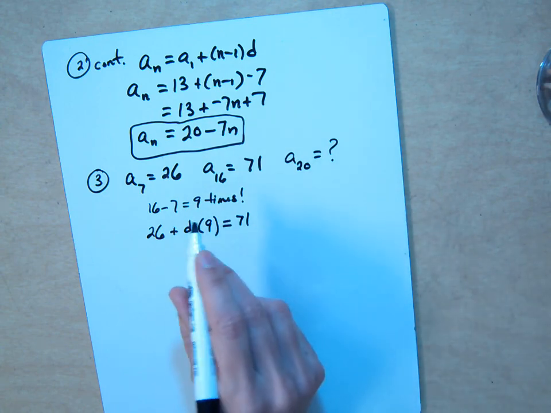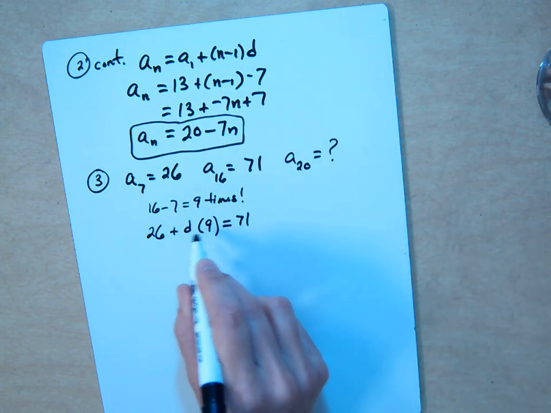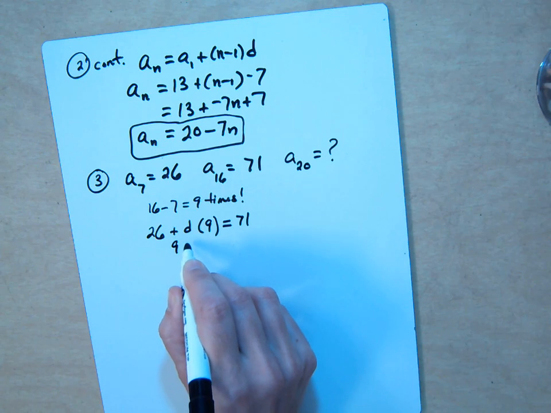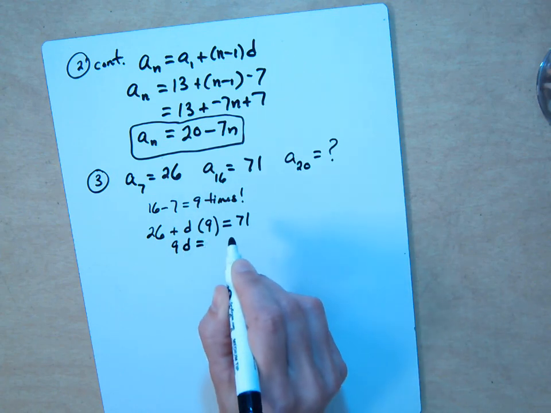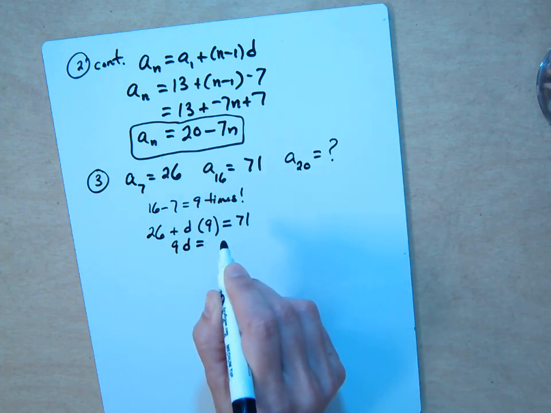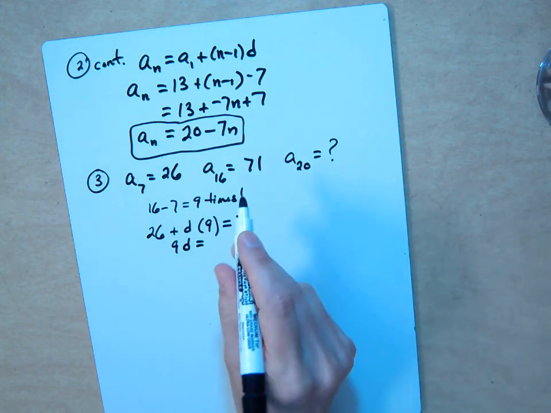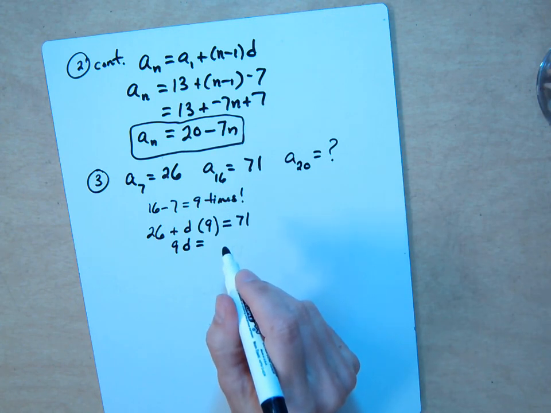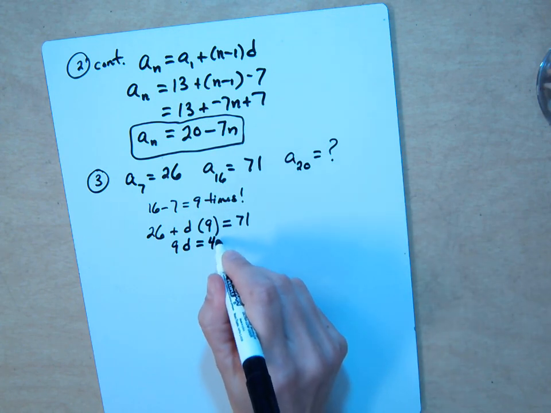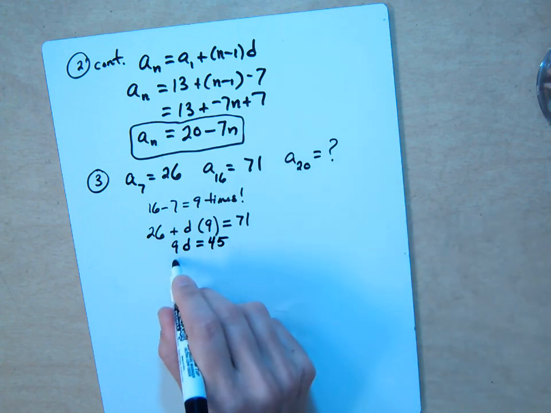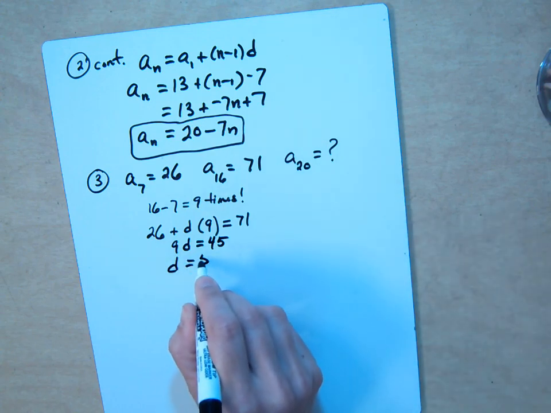So solving this, that's 9d equals 71 minus 26, which is 45, I think I heard. And so d, the common difference, is 5.